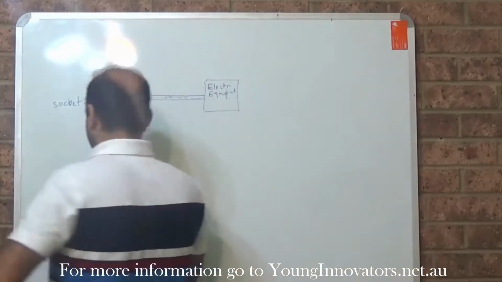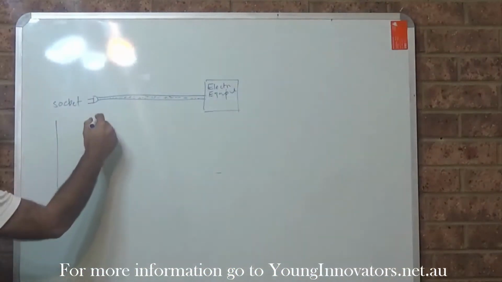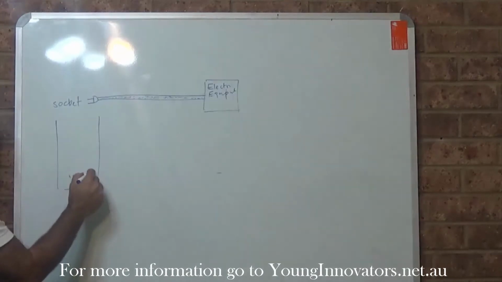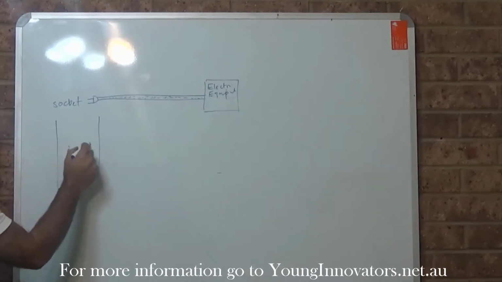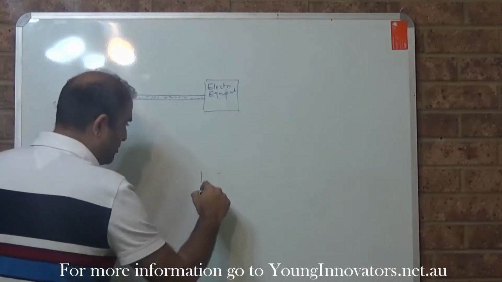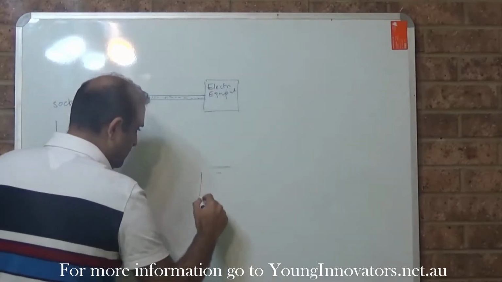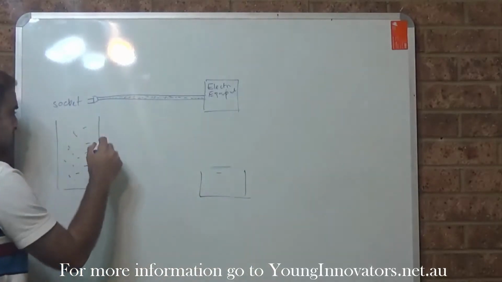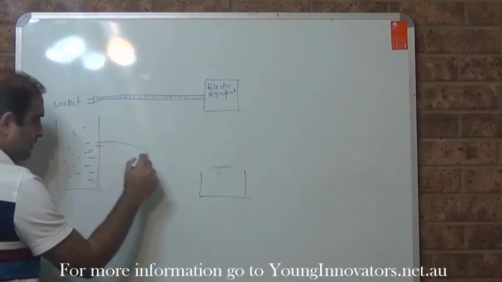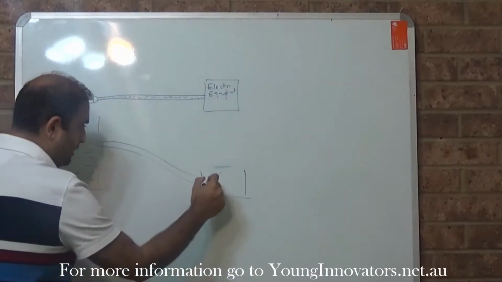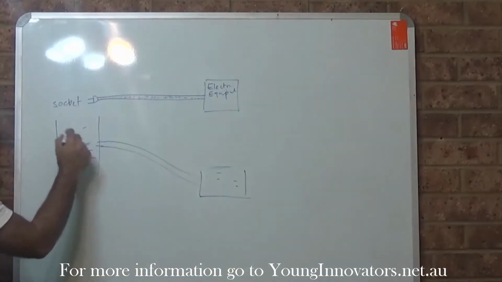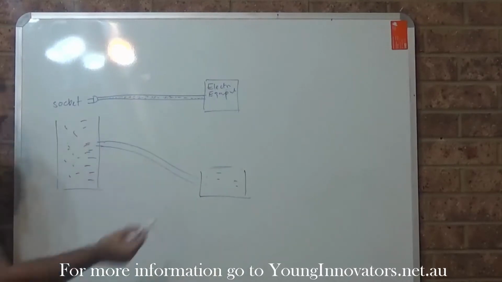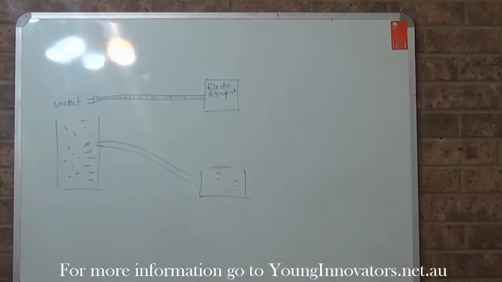So think of this as a massively big bucket of electrons, and this is a smaller bucket, and there's a hole here. The water will flow from the bigger bucket to the smaller bucket.